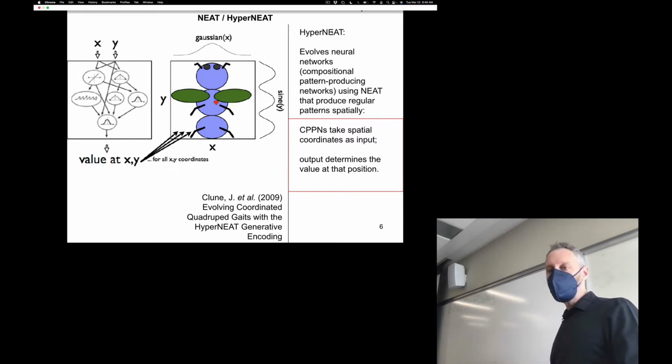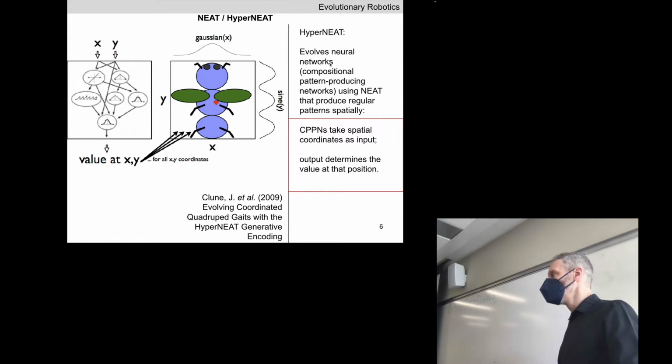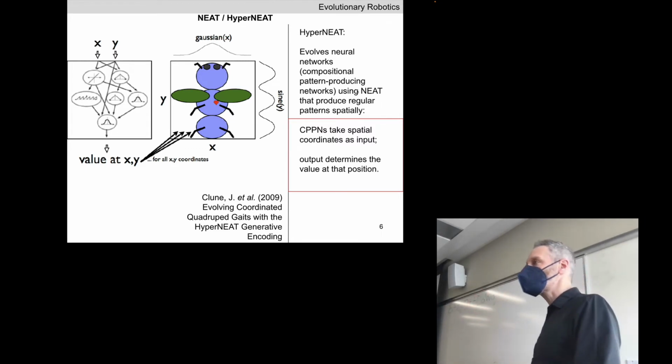Okay. HyperNEAT is going to evolve neural networks, very much like we've seen many times in this course. HyperNEAT evolves particular kinds of neural networks, which we haven't seen yet. These are known as compositional pattern producing networks, or CPPNs. And HyperNEAT evolves populations of CPPNs using NEAT. We're going to evolve a population of these CPPNs.